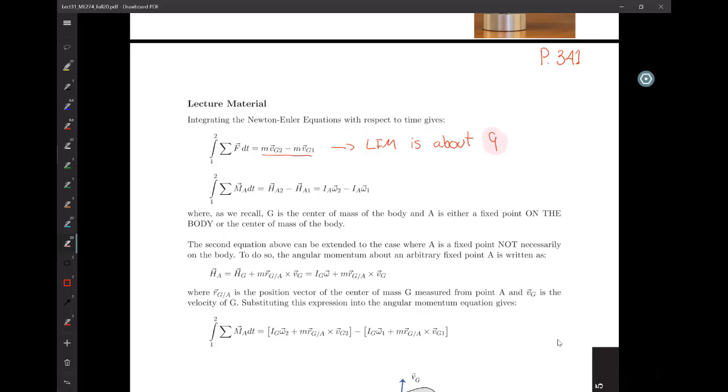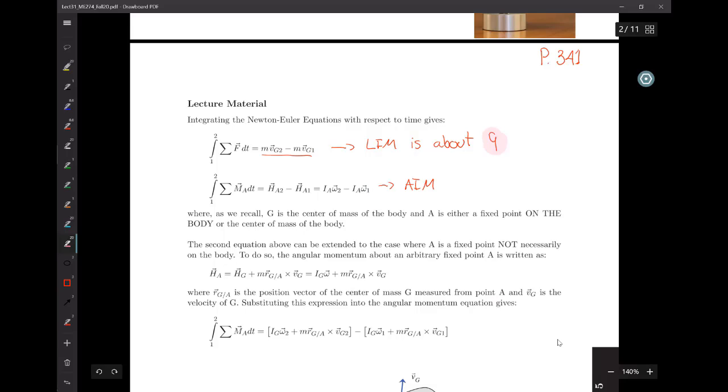So please, in the exam, remember this. Now, for the angular impulse momentum, as I said, we have several choices, right?